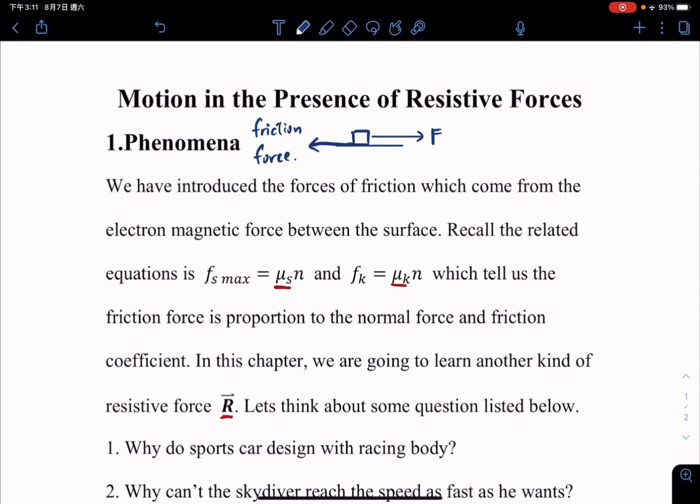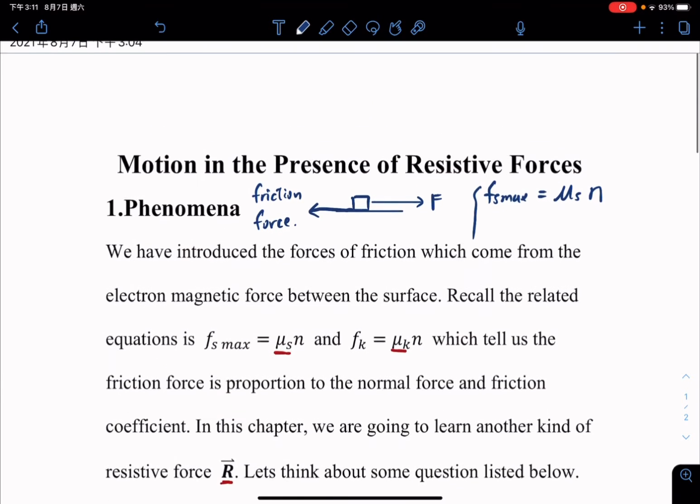Recall the related equations. First, the static friction: Fs is equal to mu s times the normal force.